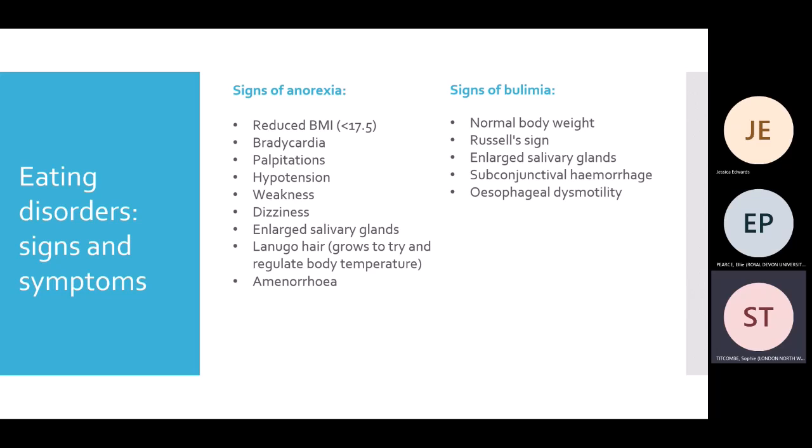The enlarged salivary glands happen because if you've got somebody who is inducing vomiting multiple times a day, then there's going to be an excessive amount of saliva produced, which causes the parotid glands to become overstimulated and hypertrophy, giving you that enlarged salivary gland appearance.